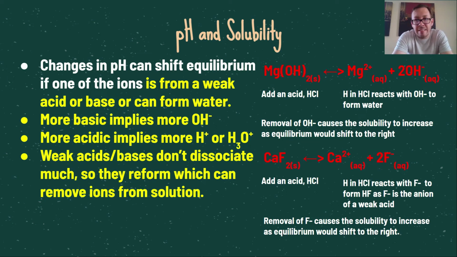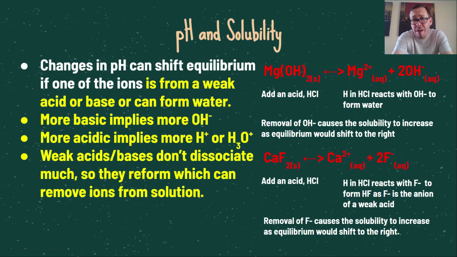And the answer is yes. The H plus in HCl is going to react with OH minus to form water. I don't know if you remember, but the Kw for water is 1 times 10 to the negative 14th, which means that very little H plus and OH minus would remain when you're able to form water. So as a result, the H plus reacts with OH minus to form water. Well, what that does is remove hydroxide ions from the solution.